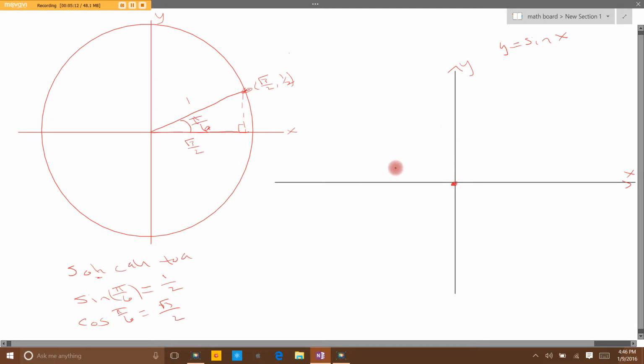And we can give it its 4 corresponding points. We can just say, well, x in this case corresponds to theta because that's going to be our independent variable. We're trying to graph what happens to y, or what happens to sine theta as we move with respect to theta. So let's give it its conventional 4 points. So we can say 0, and then we'll use pi over 2.